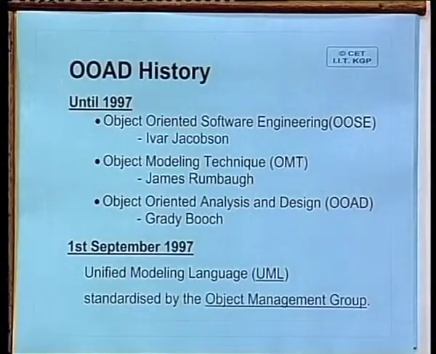So, the basic learning process is trying to see a number of objects and assign certain attributes and operations to them. This is how the basic learning itself goes. So, in that sense, object orientation is nothing very new.